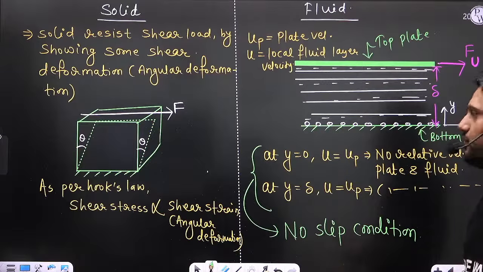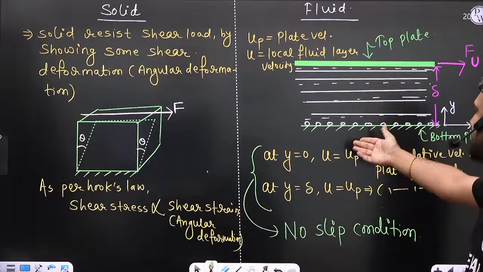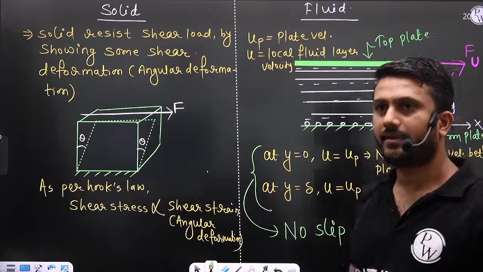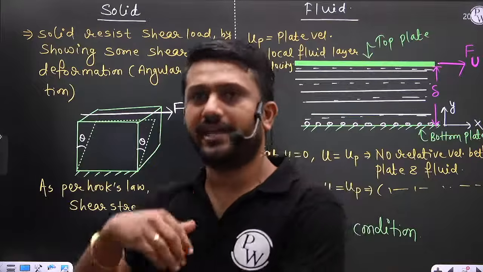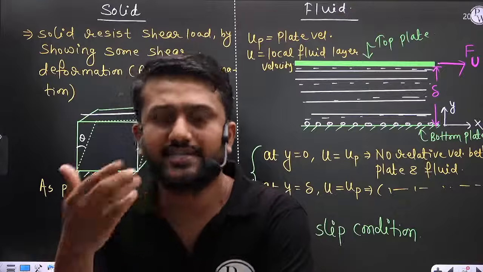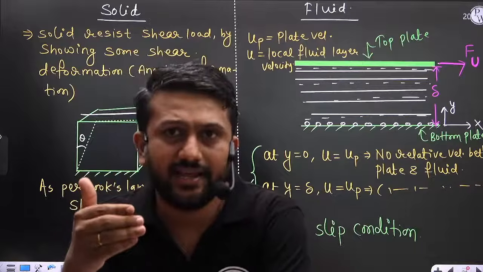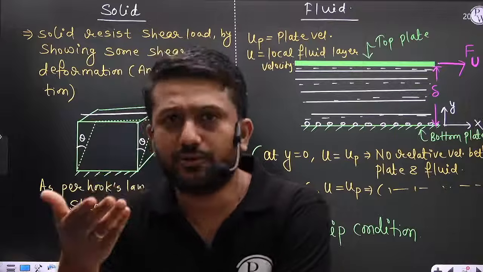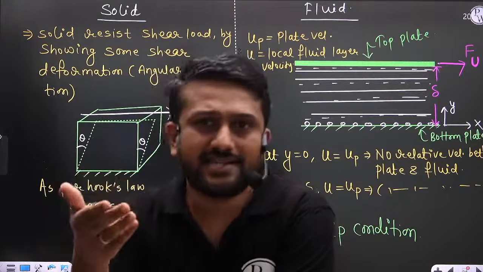Sometimes in an interview, this question is asked. The interviewer asks, what is the fluid layer velocity at y is equal to 0? And you say, sir, the fluid layer velocity is 0 at y is equal to 0. The interviewer asks, why is it 0?